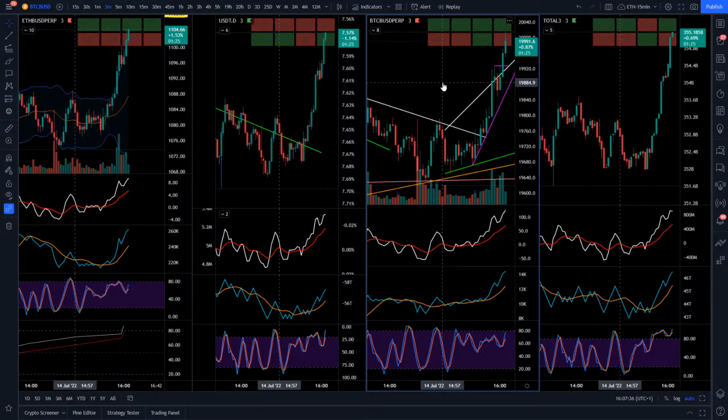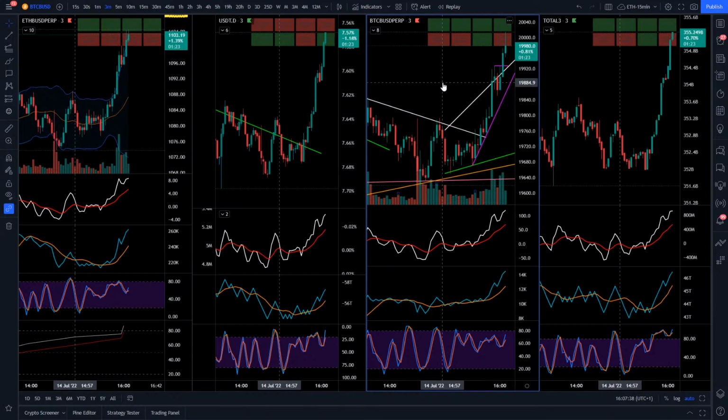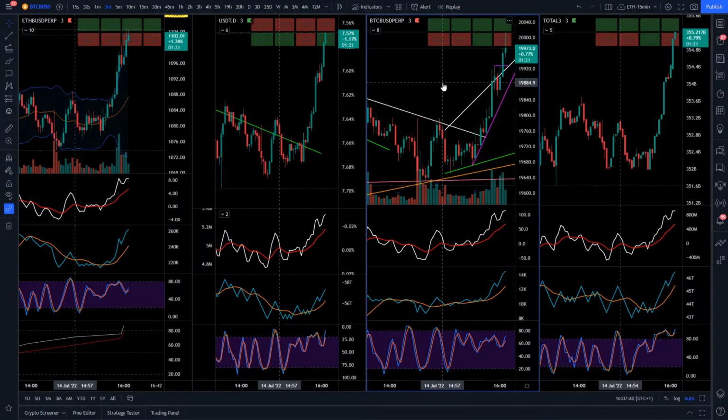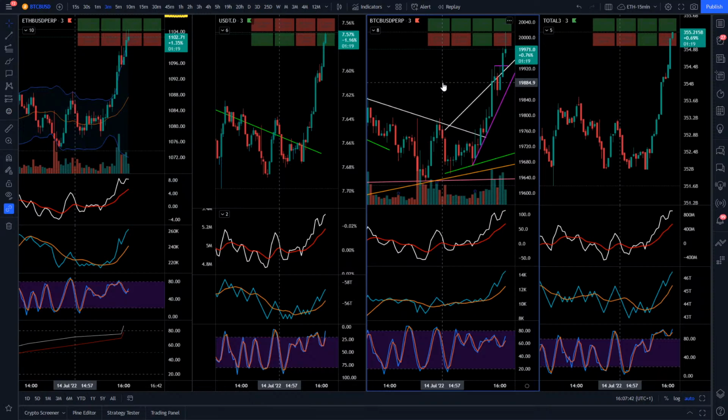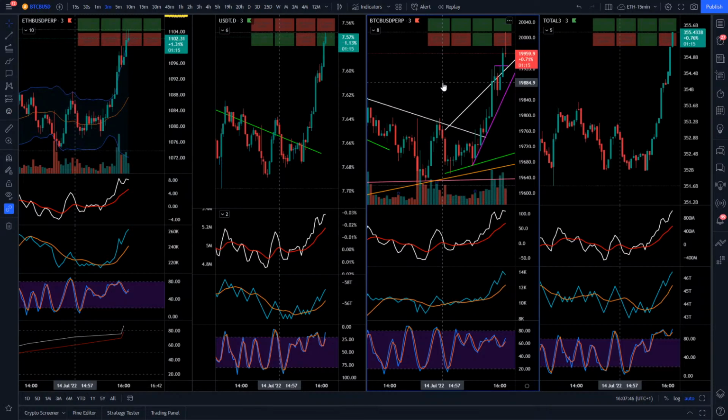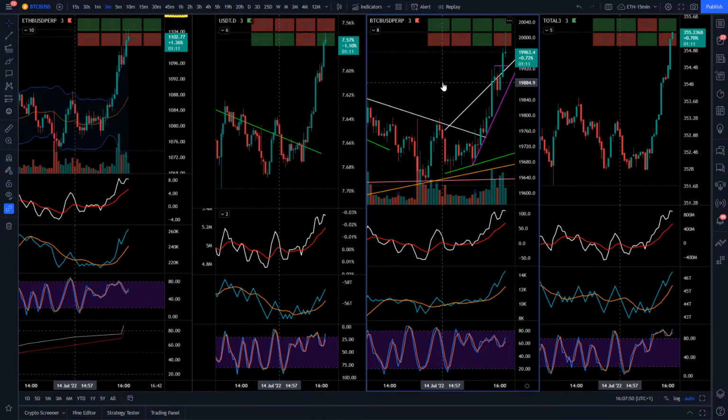The trend table is accurate. It's very accurate. But how do you use it? First of all, as an indicator, we don't rely on it to enter our trade. It doesn't give us our stop loss. It doesn't give us our target. It just gives us a quick direction where this market is going.